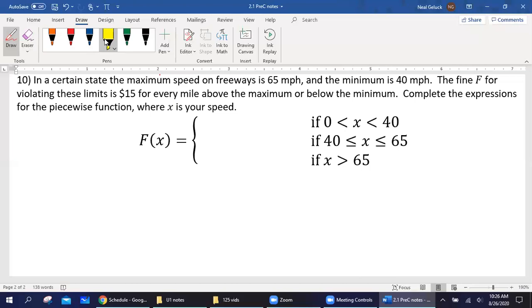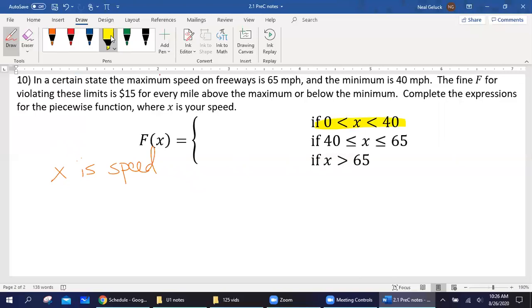So let's figure out what we would do here. Well, x is my speed. If I am driving between 0 and 40 miles an hour, I'm going to get fined because the minimum is 40. Now the question is, how do I figure out how much I'm going to get fined?